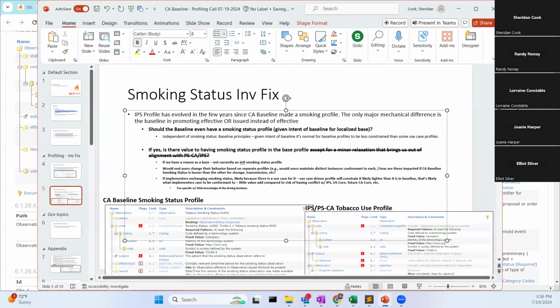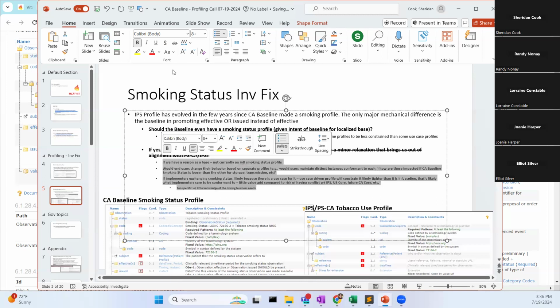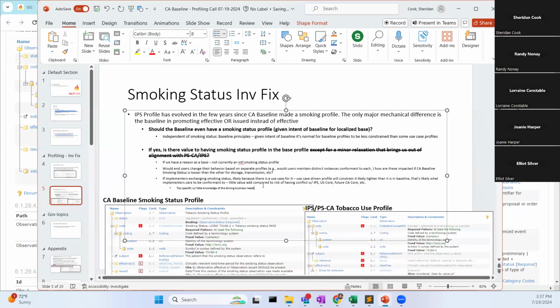Do we still need a discussion on whether or not we would keep it before we bring that to a vote? Well, you have it in the base, in the PSCA, right? Yep, and it's in IPS as well. And it's probably going to be in CA core, not right away, but eventually. So it probably doesn't even need to be in baseline.